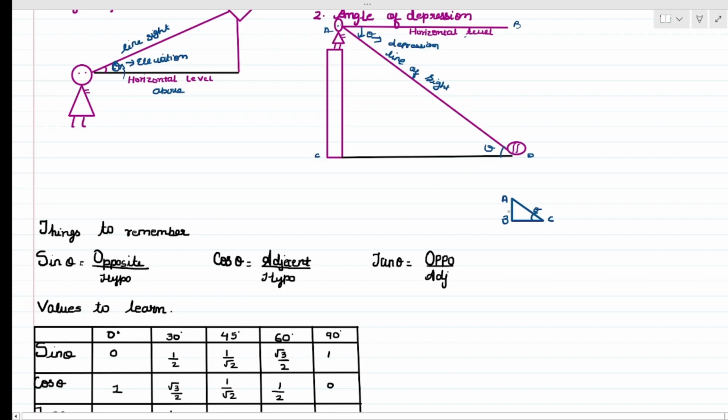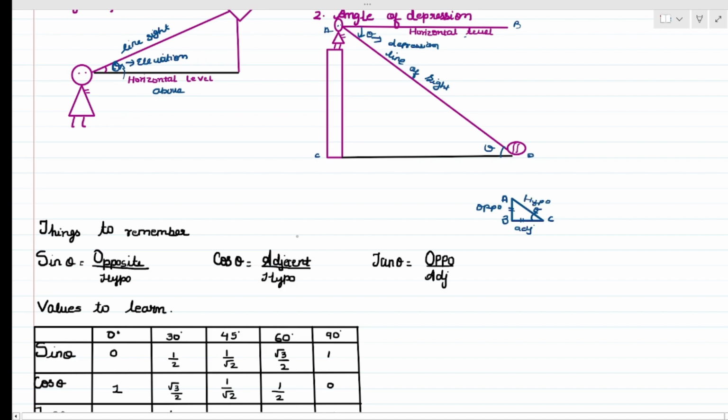So when you apply sine theta, if I am taking C as theta, this becomes my opposite side. This becomes my adjacent side. The side beside my angle is called adjacent, and the side in front of my theta is called my opposite side, and this is my hypotenuse.